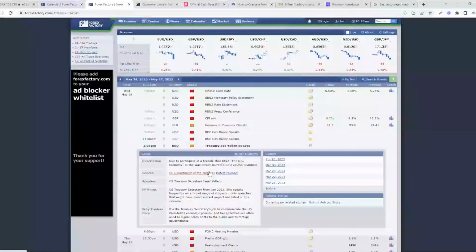So basically, just to be aware of what's going on with the US debt ceiling limit, the debt ceiling limit will be hit on 1st June. So we are less than 10 days away from the US government going into a shutdown.